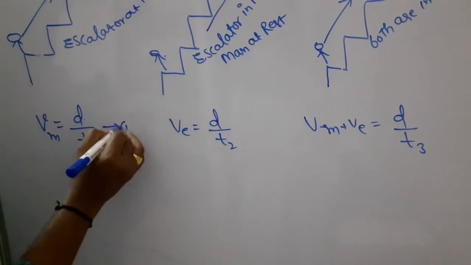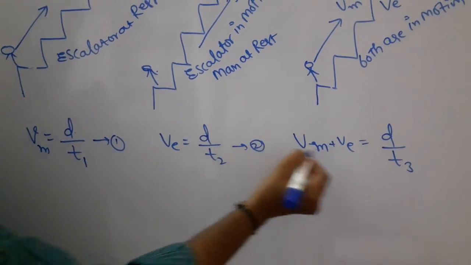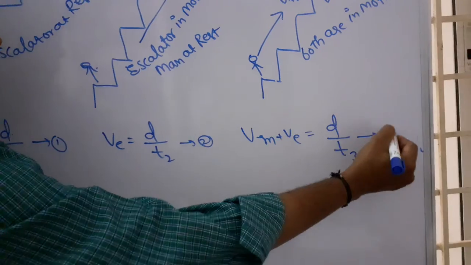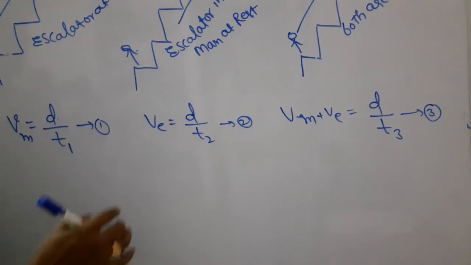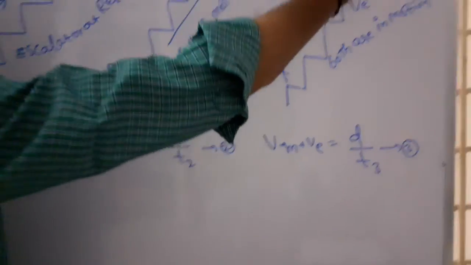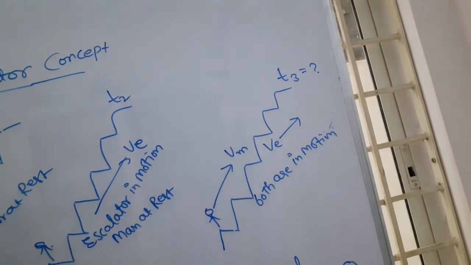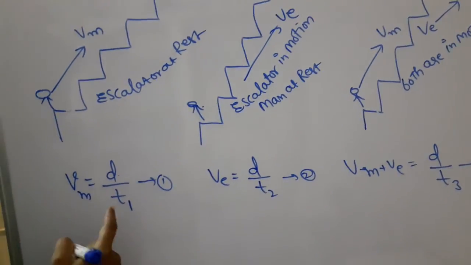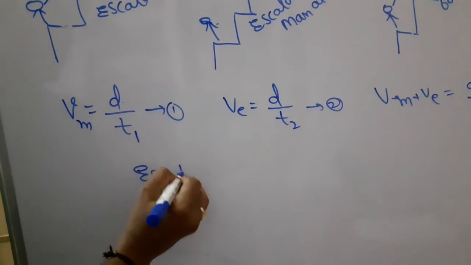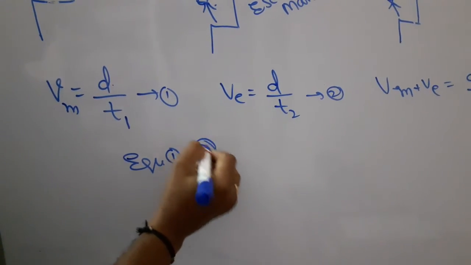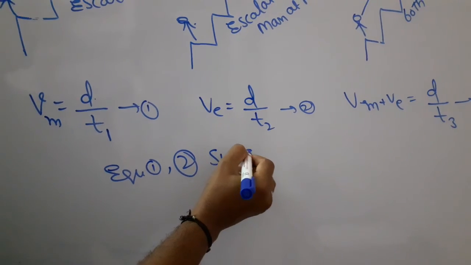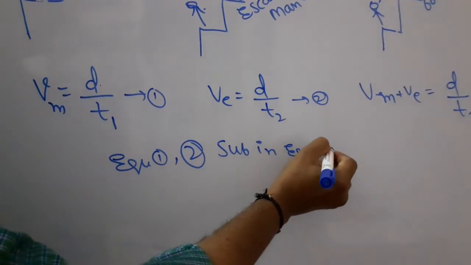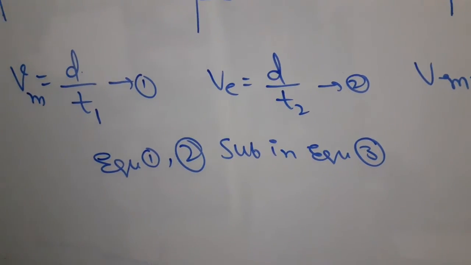This is 1, 2, next 3. The question is, what is the time taken when the man is moving on the moving escalator? Substituting equations 1 and 2 in equation 3.